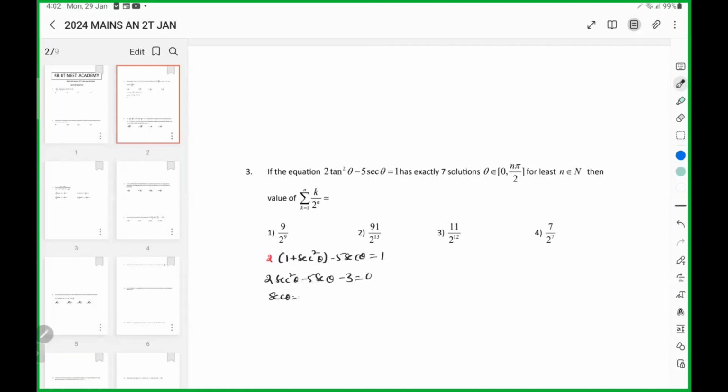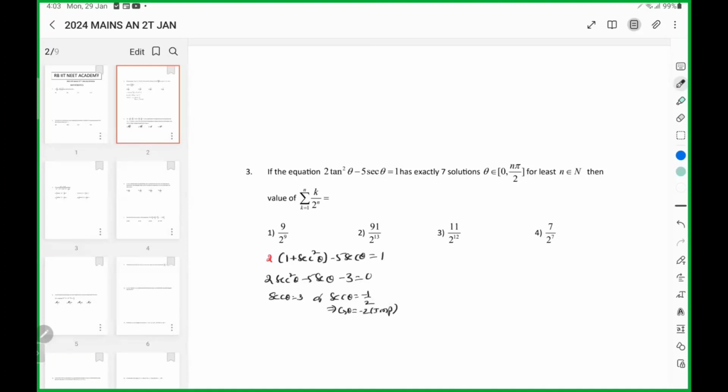So secant theta is 3 or secant theta is minus 1 by 2. Here this implies cos theta is minus 2, which is impossible.